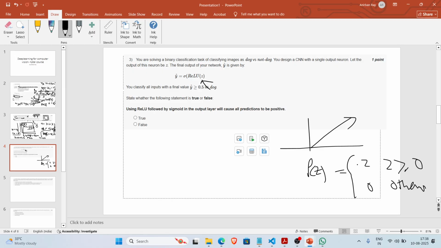Now we are putting that value f(z) into the sigmoid function. So let's draw the sigmoid function as well. This is the sigmoid function, and this is z, or f(z). f(z) equals 0.5 here.